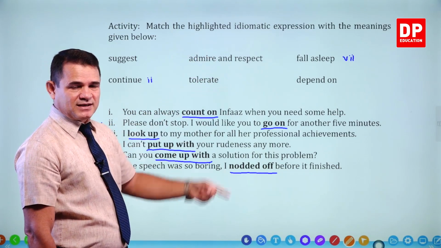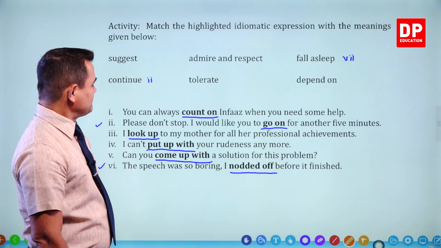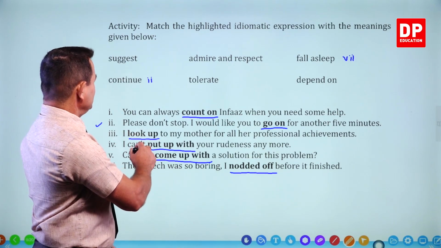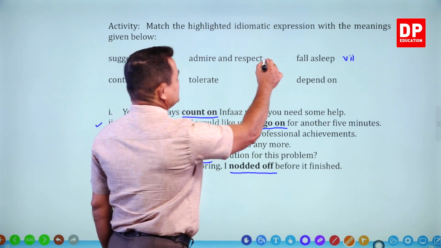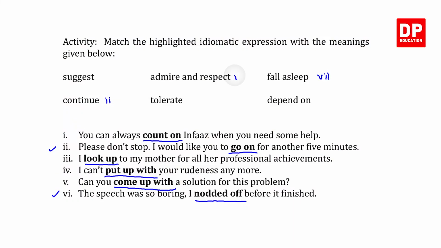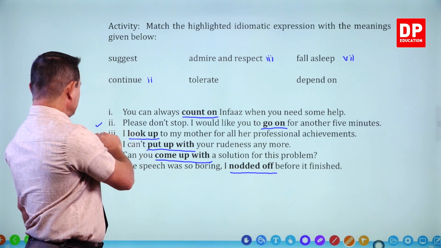Admire and respect. Right? So that is admire, I look up. Number 3, you can say easily. And then this is all right.